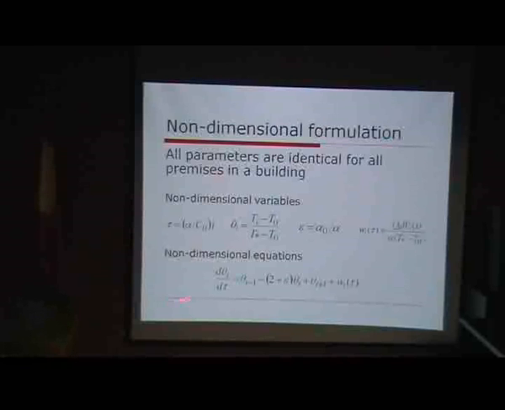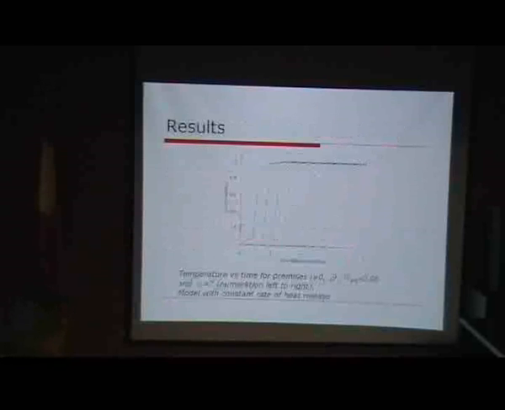We consider non-dimensional variables, and we can see the results of calculation. This is the temperature of different premises. This is the first premises after ignition, and we can consider the changes of the temperature in premises for different conditions.